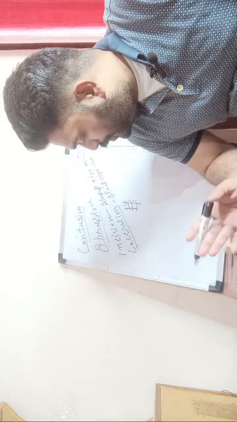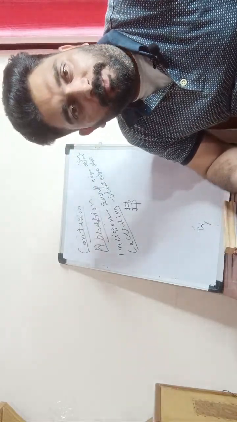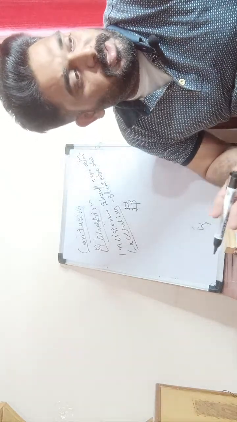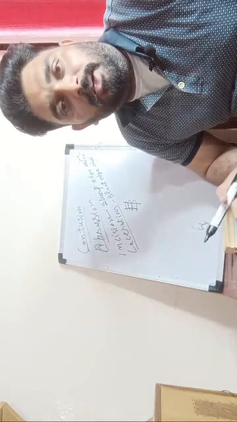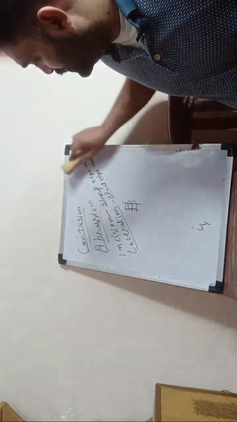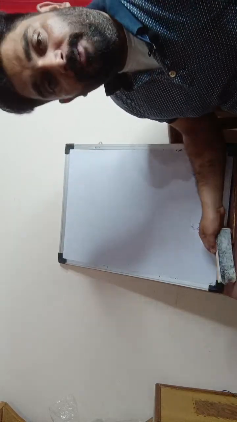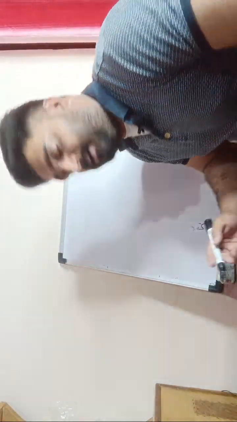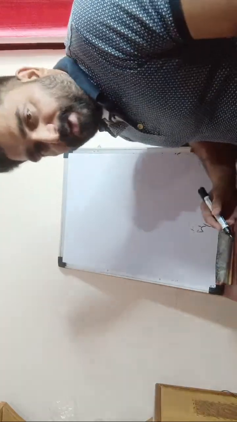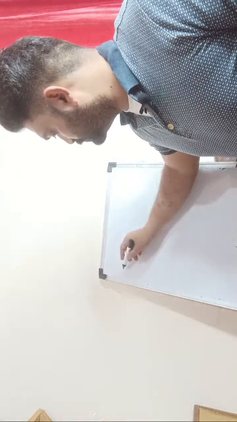As I told you, if the wound is deeper or broader, you must go for stitches. Take care of the injuries properly. So these are the skin related injuries: contusion, abrasion, incision, and laceration. Now we are going to discuss the muscle related injuries.